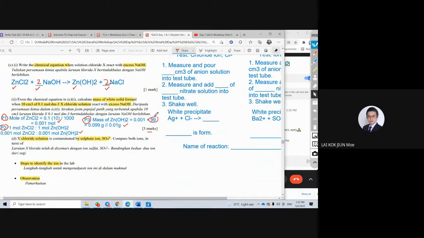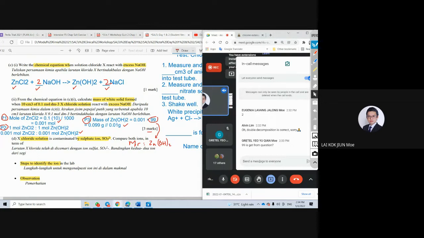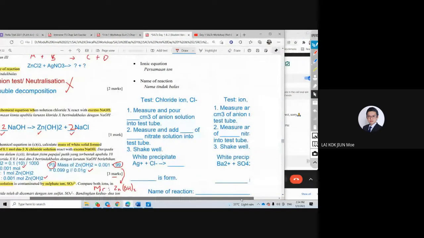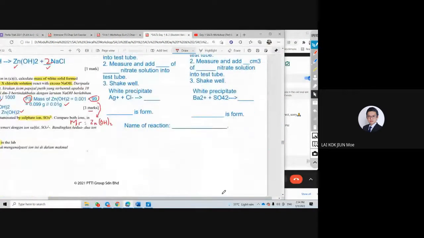Is 99 the molar mass for the zinc hydroxide? Great here, you try to calculate. If 99 is correct, let teacher know. I calculate the molar mass.